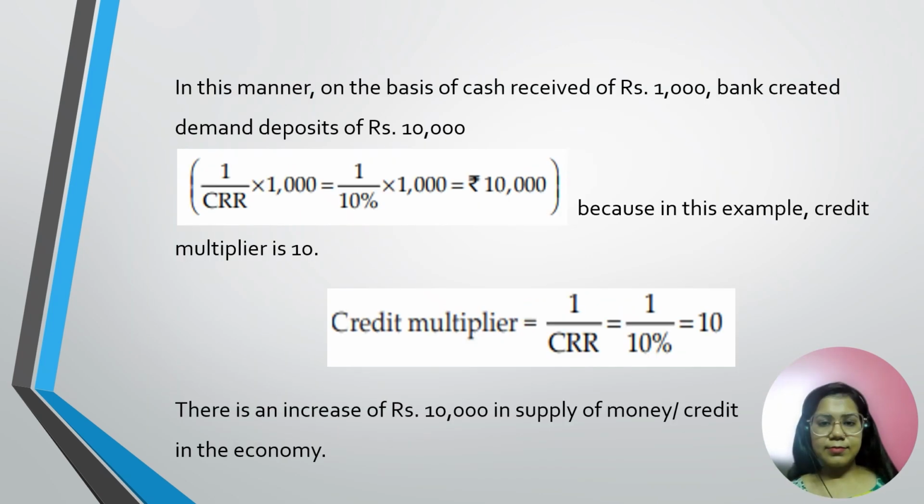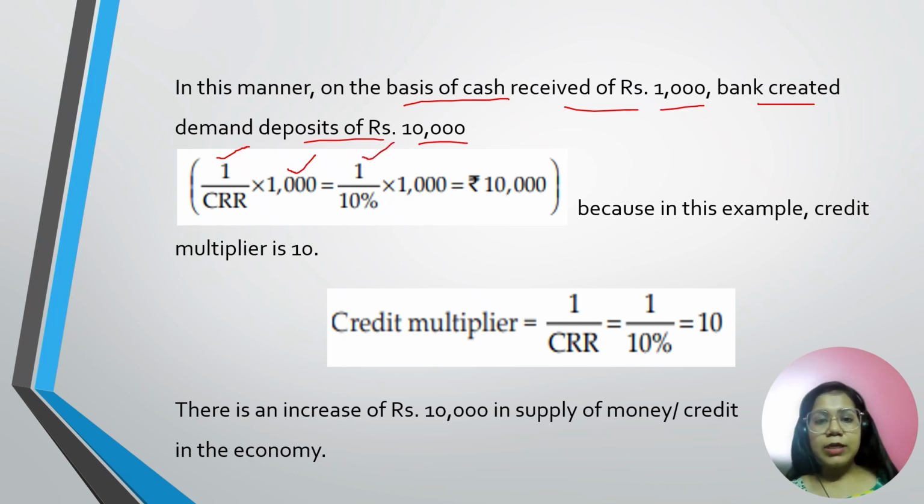So now we saw that on the basis of cash received of 1000 rupees, banks created demand deposits of 10,000 rupees. Now if we see the example of credit multiplier, so 1 upon CRR into the deposits. CRR was how much? 1 upon 10%.